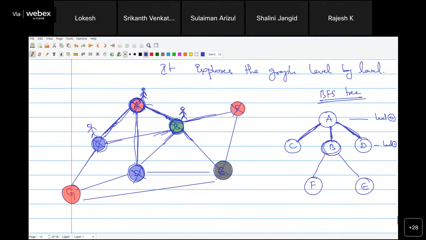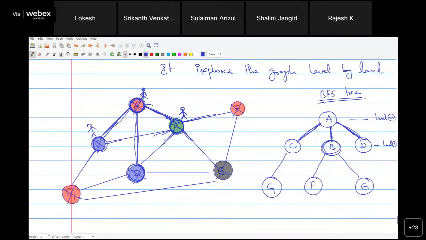B is also explored, and A is explored. So there are 3 neighbors to C, out of which 2 are already explored and 1 neighbor, G, is unexplored. So I will add G in level 2. Now G is explored. So I am done exploring at C.